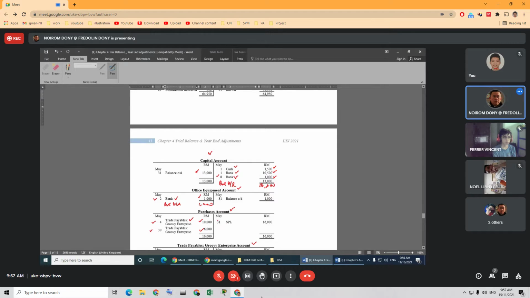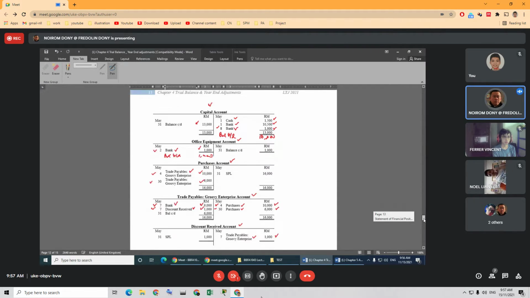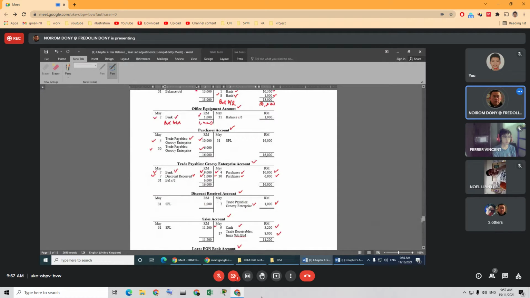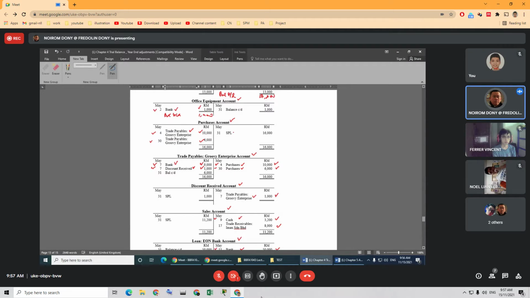Office equipment. Purchases account. So this is an expense. So expenses we have to close off. Close off meaning we are going to post the amount of purchases into SPL. So we have to make the opposite because this is all debit, isn't it? So make the total line first. So 16,000 is higher. So use the 16,000 as the total for both sides.